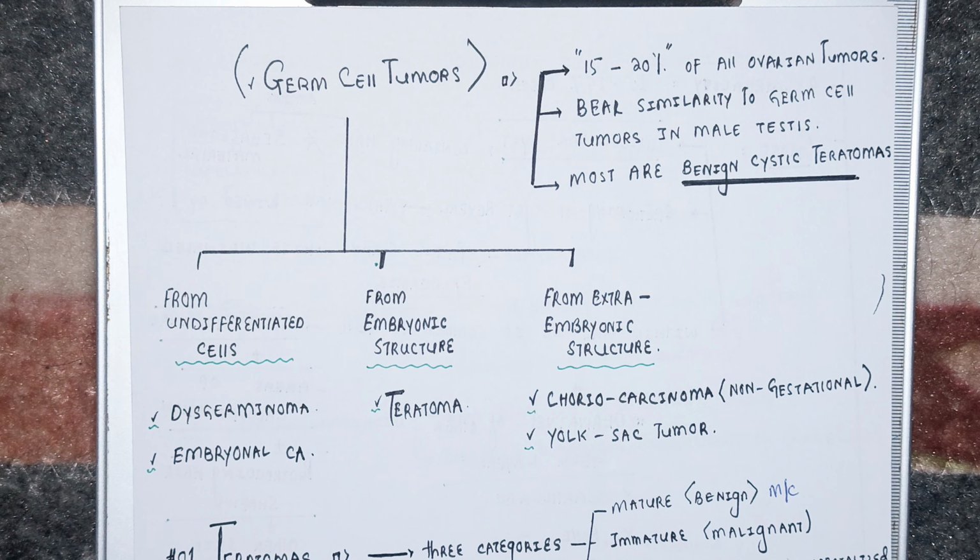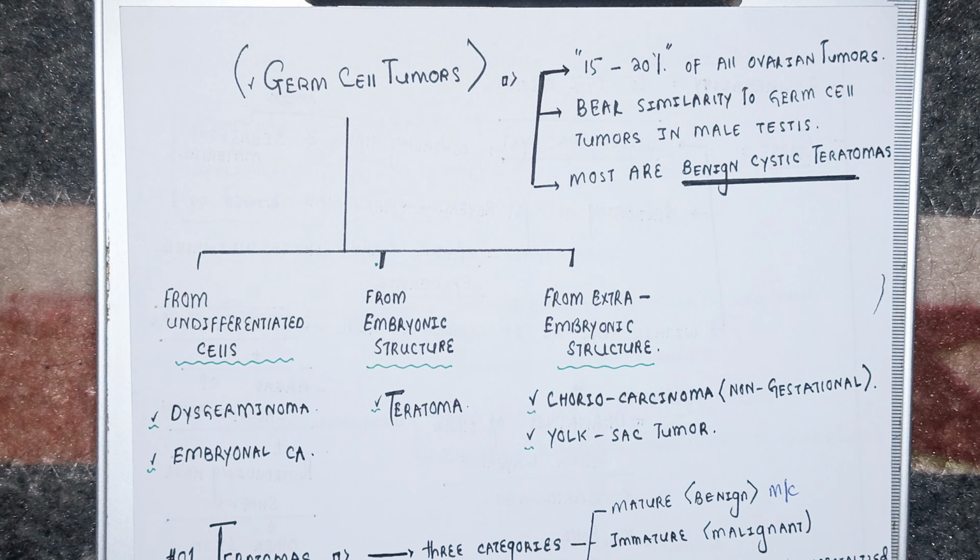These tumors make up only 15 to 20% of all the ovarian tumors. So they do not look really common, but they make up 15 to 20%. They bear similarity to germ cell tumors in the male testes. Male testes can also develop germ cell tumors, but obviously we are here talking about the germ cell tumors of the ovary, that is the female gonad.